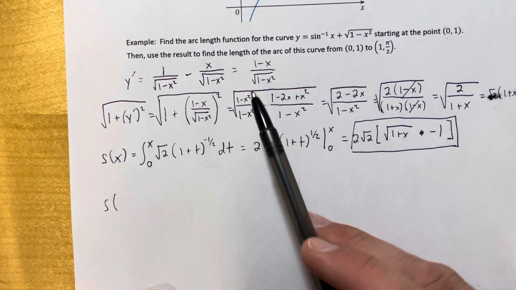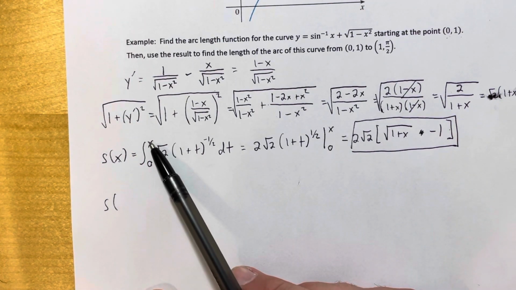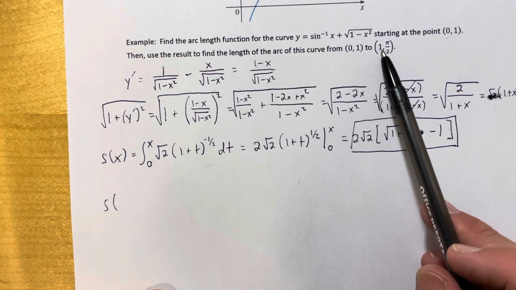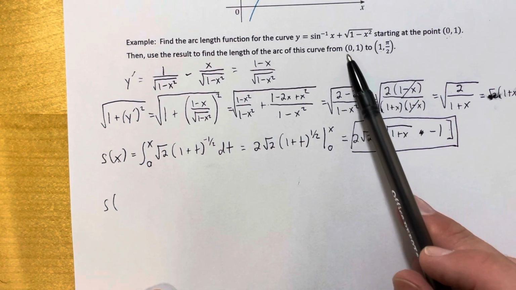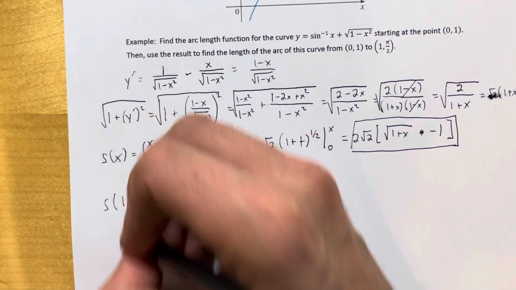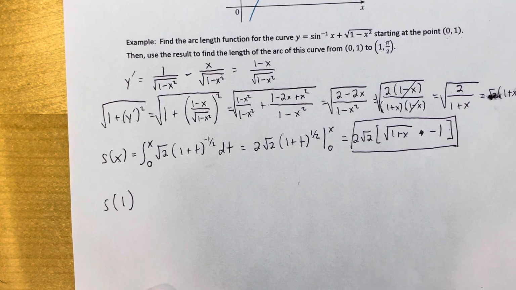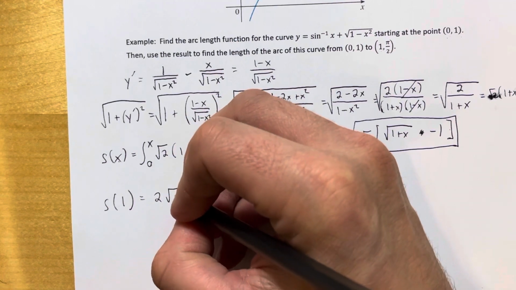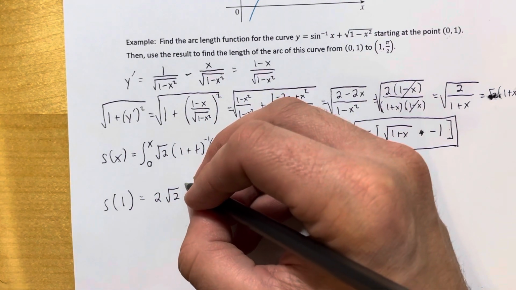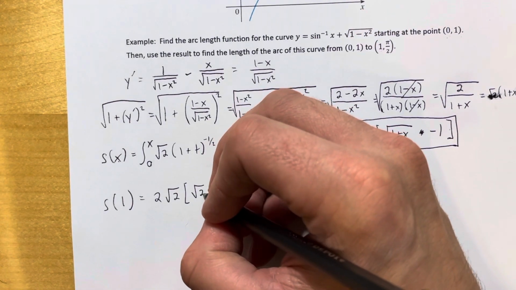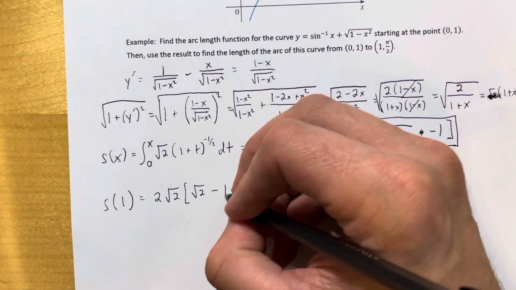So remember, x came from this upper limit of integration, which represents the x coordinate of our ending point, or our terminal point for this arc. It's the 1. That's what I'm plugging in. S of 1. If I plug in a 1 here, I'm going to get 2 root 2 times, here 1 plus 1 is 2, so I get the square root of 2 right there, minus 1.